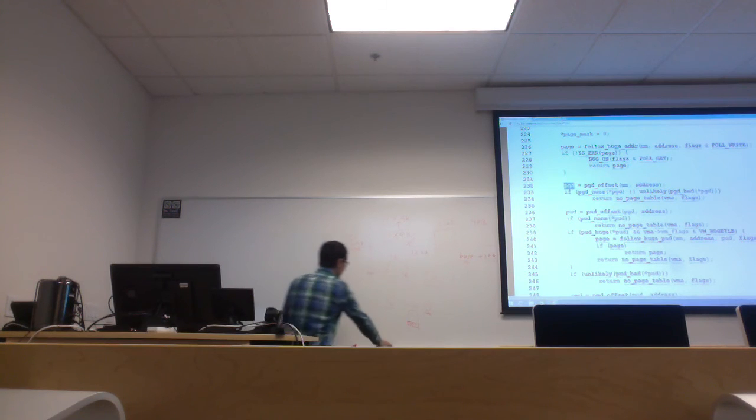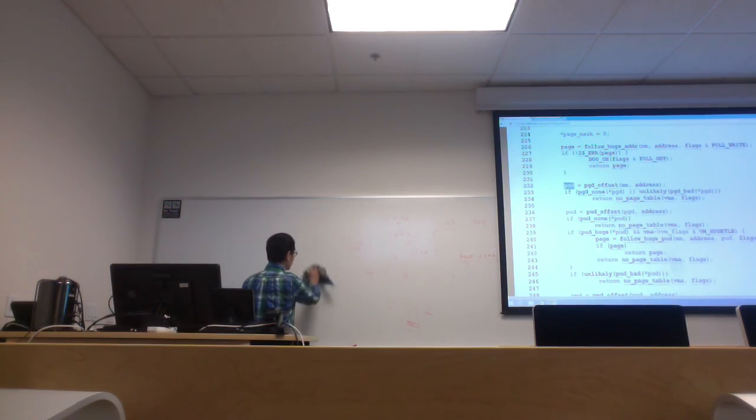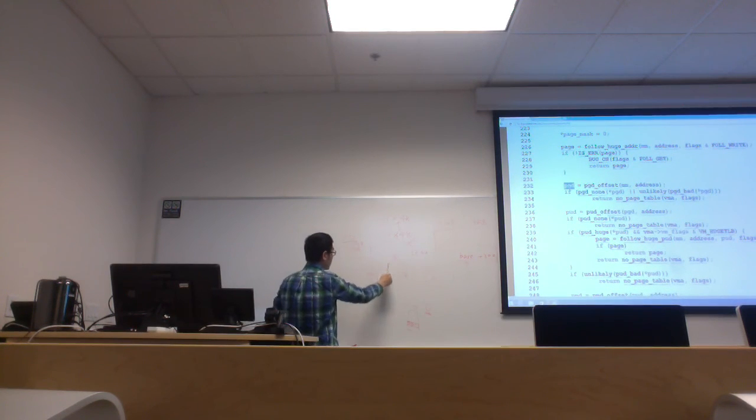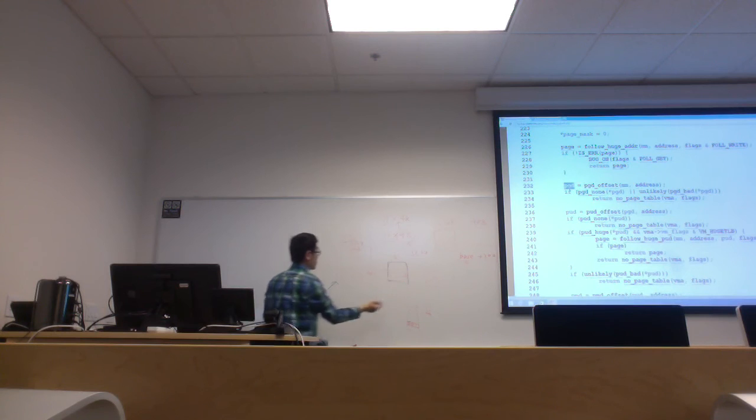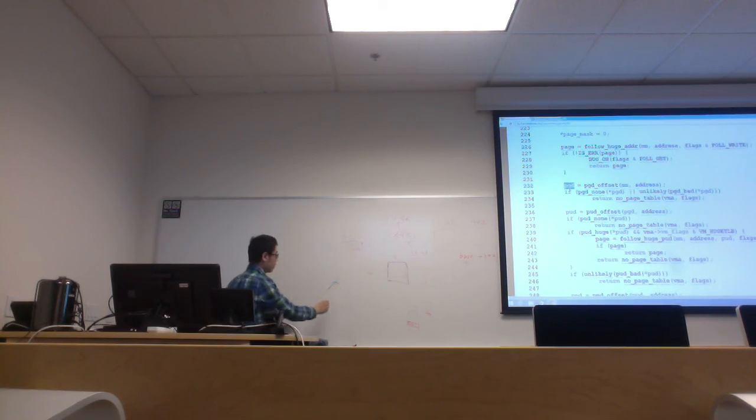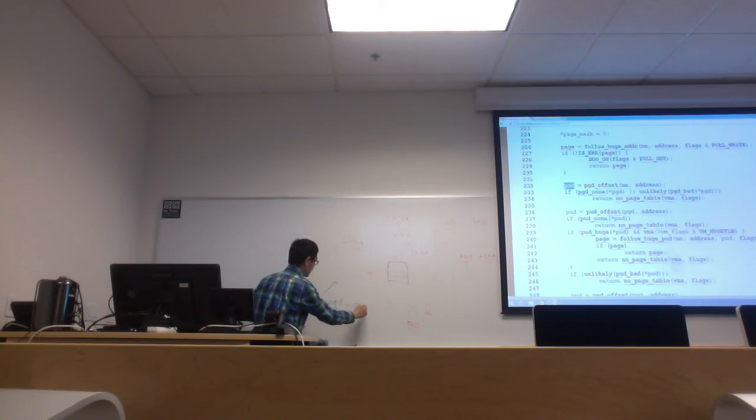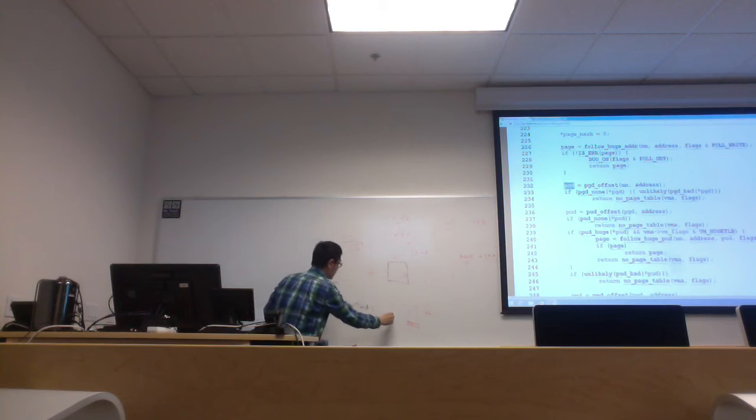See, you have two levels of page translation. This is the page global directory, and this is the next level. Here in x86, the next level is just a page table. You call PGD offset with an address and the mm struct.